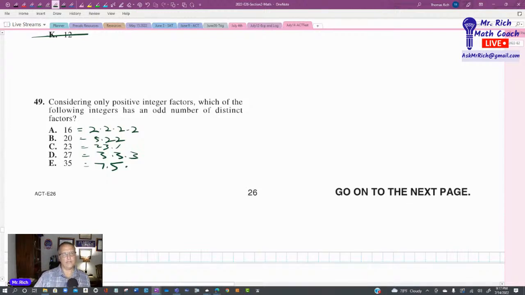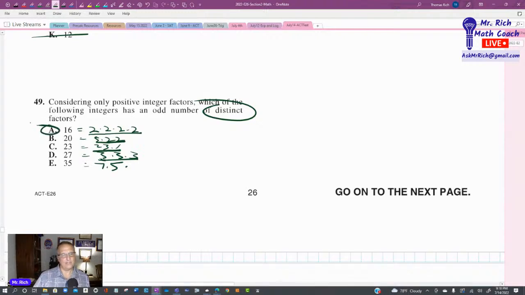Which is why it has an odd number of distinct factors, an odd number. So this has 1 distinct, that has 2 distinct, 2 distinct, that's all the same. They're not distinct. An odd number of distinct factors. Distinct means not the same, right? So it's only got 1 distinct factor.